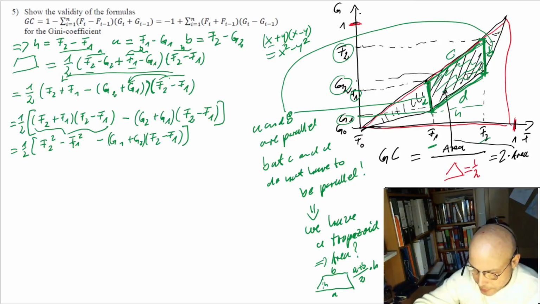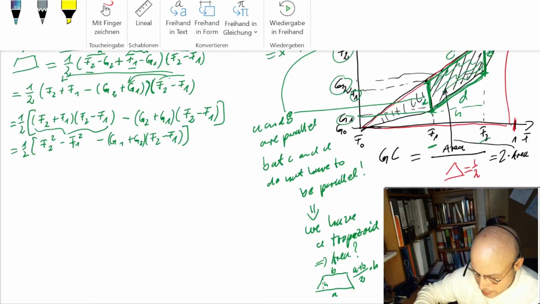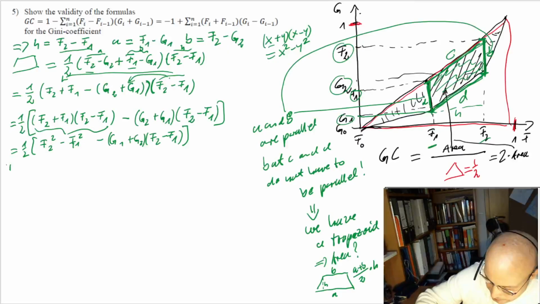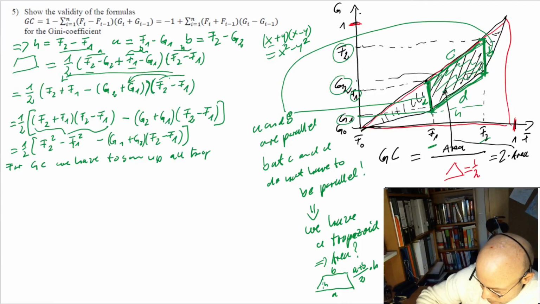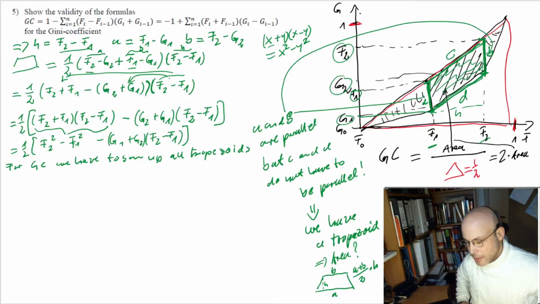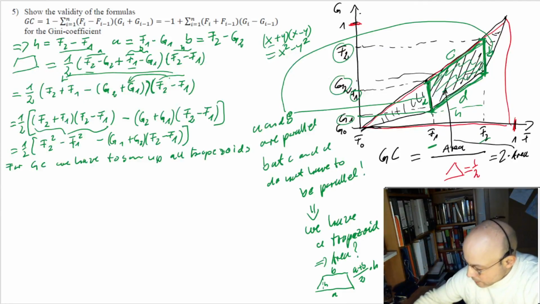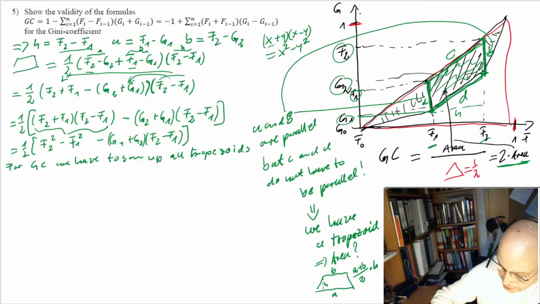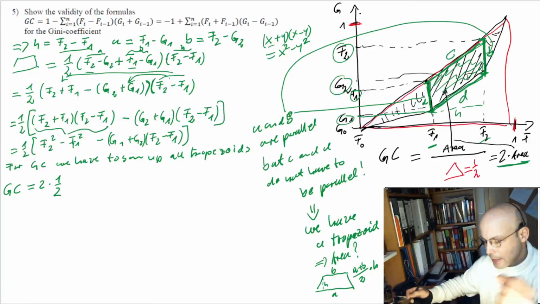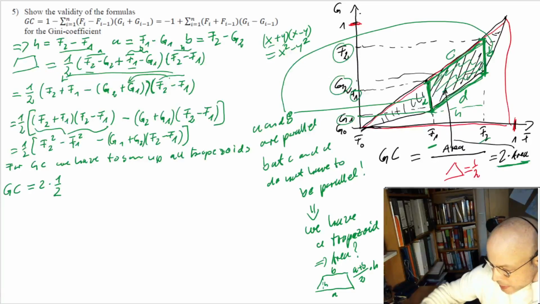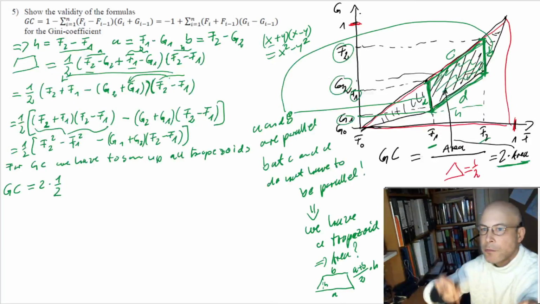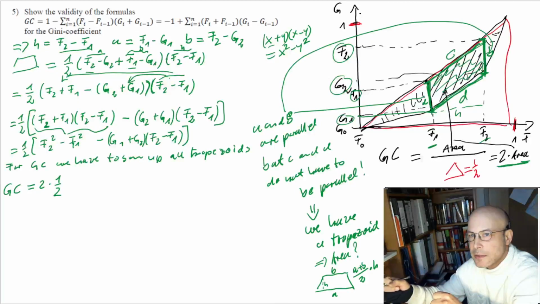So taking the summation now means that for the Gini coefficient we have to sum up all trapezoids and multiply by 2, so we obtain the Gini coefficient is then 2 times 1/2, and now the sum means that we have to start with F2 plus F1, F3 plus F2, F4 plus F3, and so on.